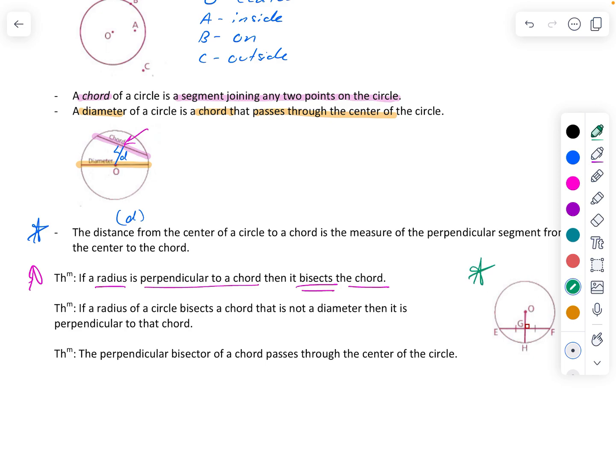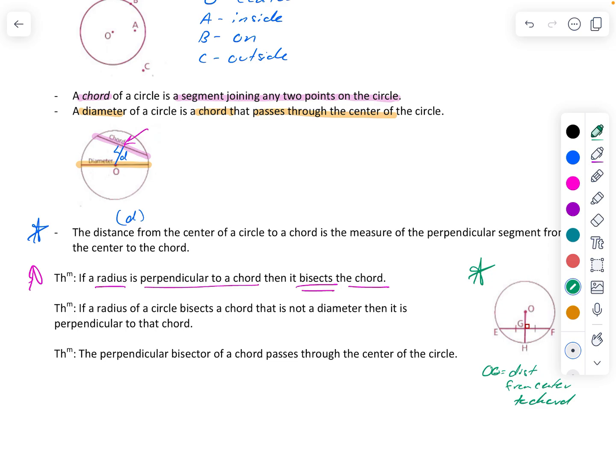So we have OG here would equal the distance from the center to the chord. And we can see that it is perpendicular. It bisects that chord EF. And there we go.